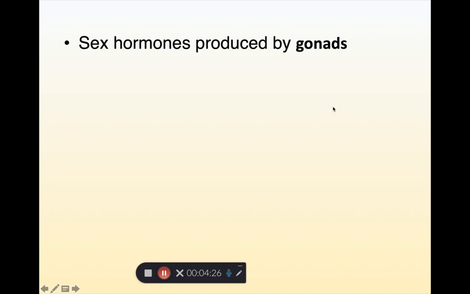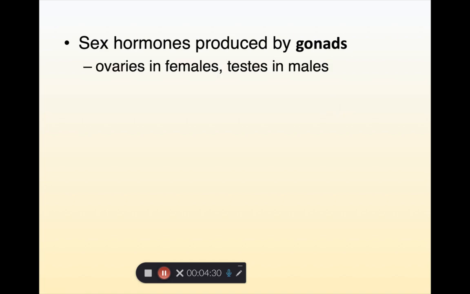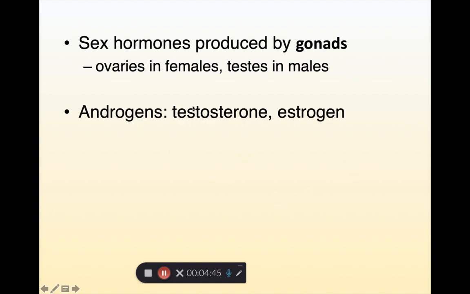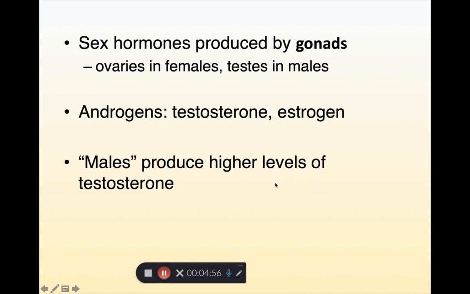So the first thing that we need to understand is that sex hormones are produced by gonads. So typically ovaries in quote-unquote female individuals and testes in quote-unquote male individuals. Again, I'm just using these terms in a very strict biological sense here. And those gonads produce different forms of androgens. So testes typically produce testosterone and ovaries estrogen.